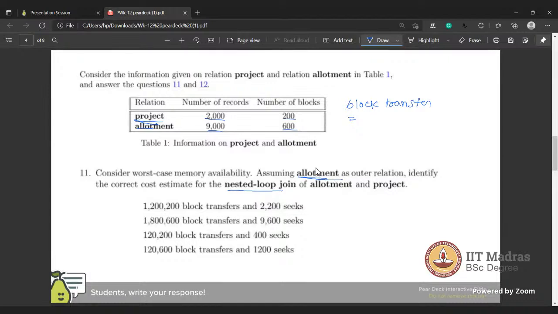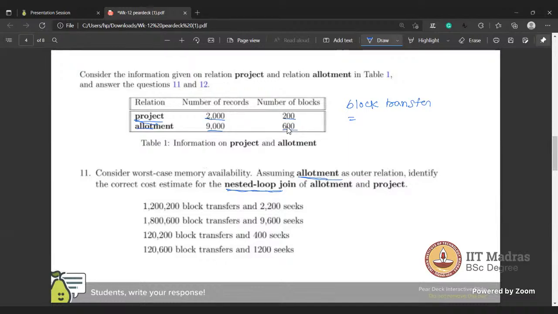And you asked in the previous session which type of join is used in nested loop join. Basically any kind of join, joining the two relations.